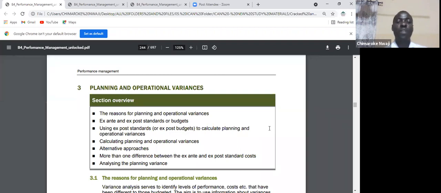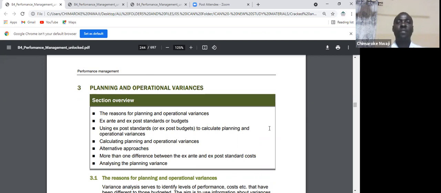In planning and operational variances, you are looking at budgets and the need for you to revise a budget. Because some things happen unexpectedly, there may be a need for you to revise your budget. And so you'll be saying things like original budget, which you use in doing your actual basic variances, and whether the standards have changed. You may now need to revise the standard.